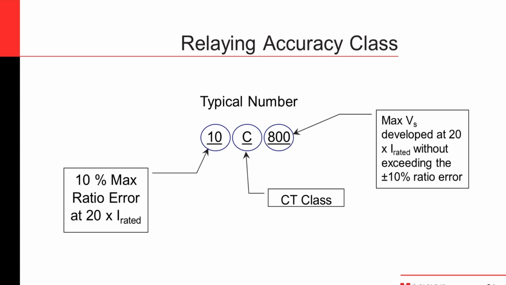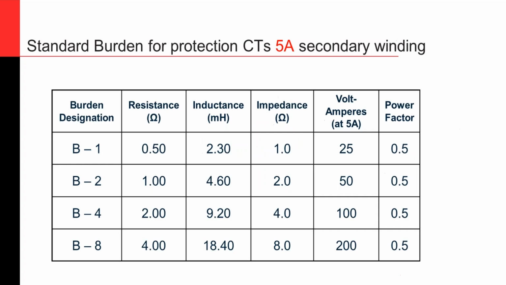So when we say 10C800, the induced secondary voltage is at about 800. That's the maximum value. When we say 10C400, the induced secondary voltage is about 400 volts.